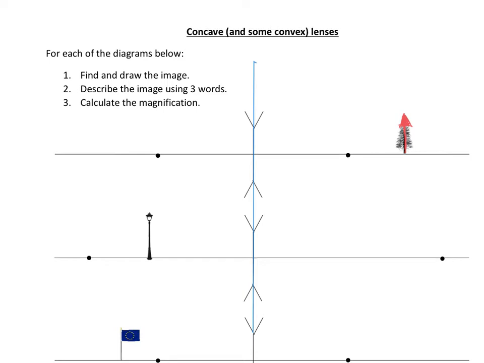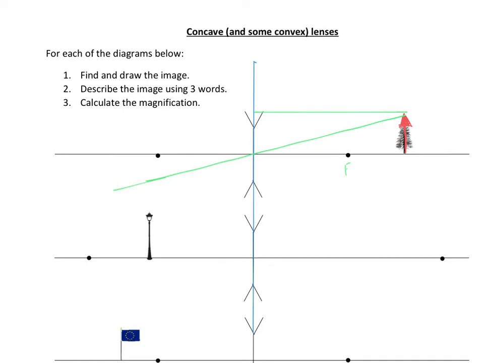So the first thing is to draw a line straight through the middle of the lens across the principal axis from the tip. So that's something like so. And also we draw one straight across horizontally, like so. Now, when you've got a concave lens, you have to use the focal point backwards.